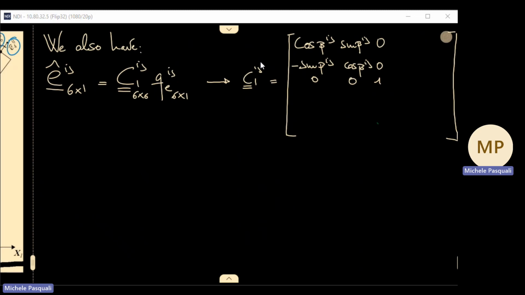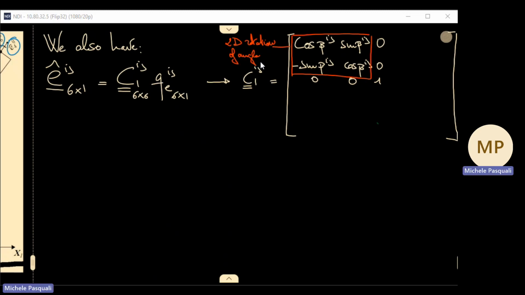But why do we have this kind of structure that really reminds you of a 2D rotation matrix? So this is a 2D rotation of an angle.